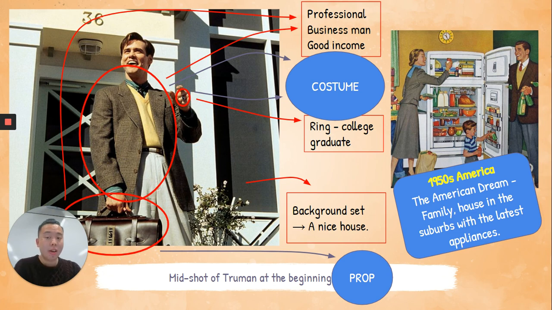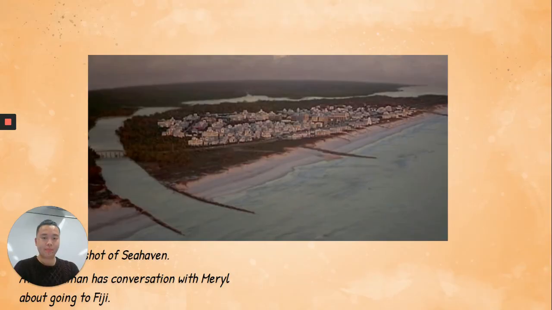So again, maybe through the way that this image has been constructed, in regards to Truman's costume, the prop that he's holding, the set design of his house. Perhaps Christoph in the Truman Show thinks that 1950s America was a true utopia, the perfect world that we all should be striving towards and we all should be living in.